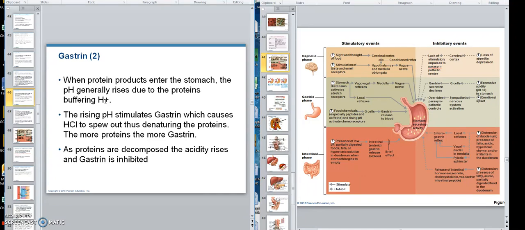So if an amino acid is basic, it'll buffer the H+. Most proteins have some acidic amino acids and basic amino acids. The rise in pH stimulates gastrin, which causes hydrochloric acid to spew out, thus denaturing the proteins. The more proteins, the more gastrin. As proteins are decomposed, the acidity rises and gastrin is inhibited.